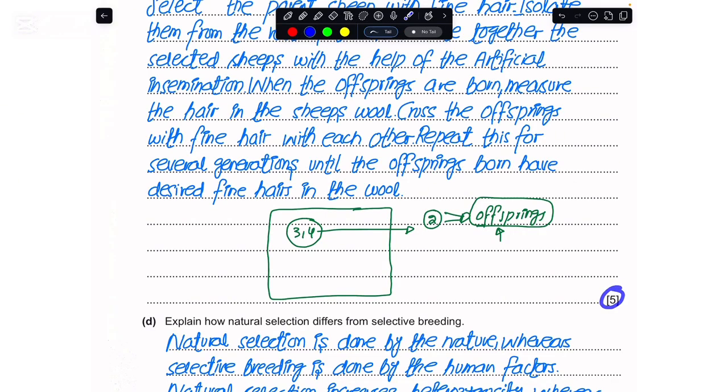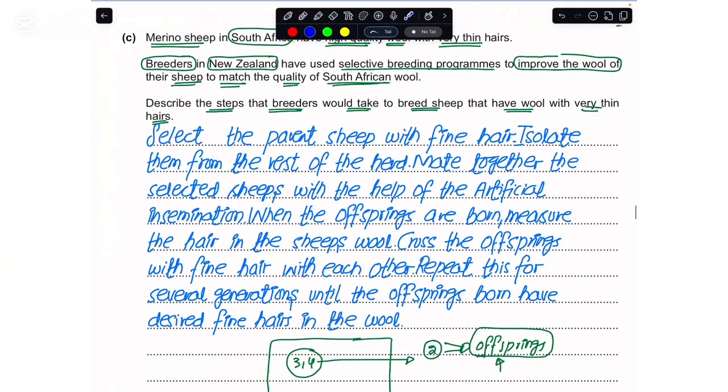So for 5 marks, how you were required to write this answer is that we would select the parent sheep that have fine hair in their wool. Then we would isolate them from the rest of the herd so they don't mate randomly with less superior sheep, and then we would mate these isolated sheep together, either naturally or with the help of artificial insemination.